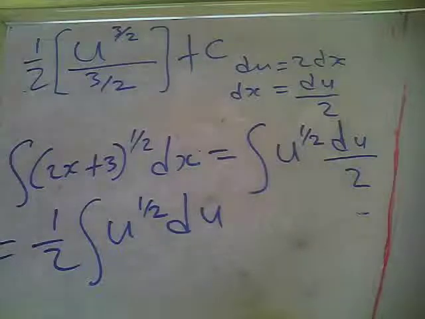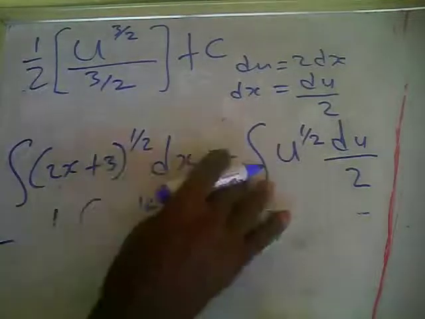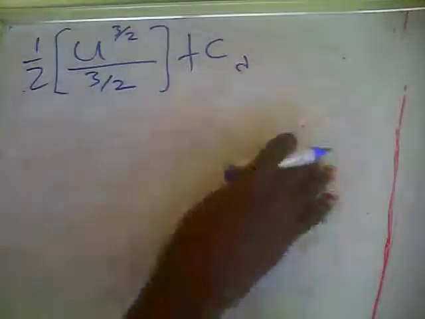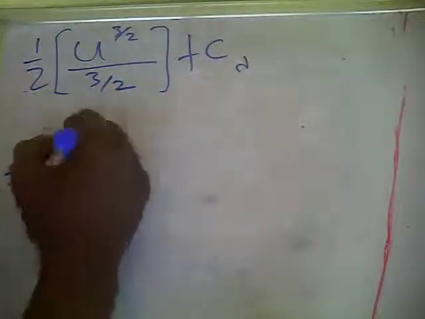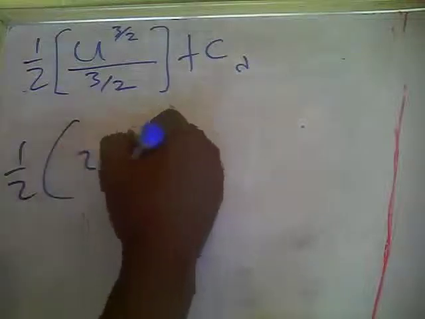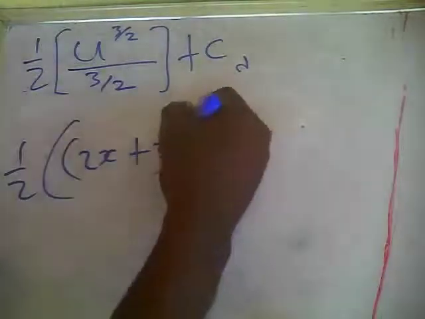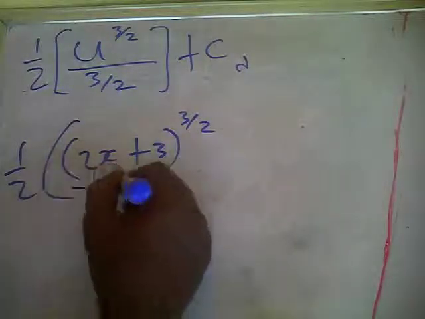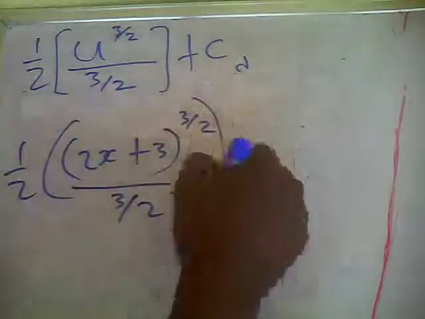Okay, that's all. But we have to now recall that our u is what? 2x plus 3. So what do we have? We have 1 over 2 into 2x plus 3, right, raised to the power 3 over 2, then over 3 over 2 here, plus c.